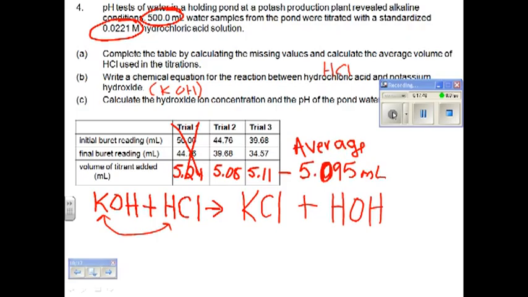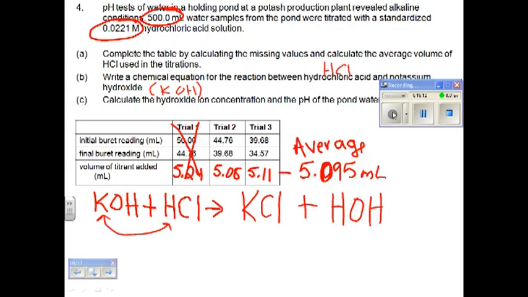Now it says calculate the hydroxide ion concentration and the pH of the pond water. So, we're going to find out first the concentration of KOH. You could also do these using Bronsted-Lowry reactions. This would just be OH plus hydronium. Either way you do this, you'd be right.